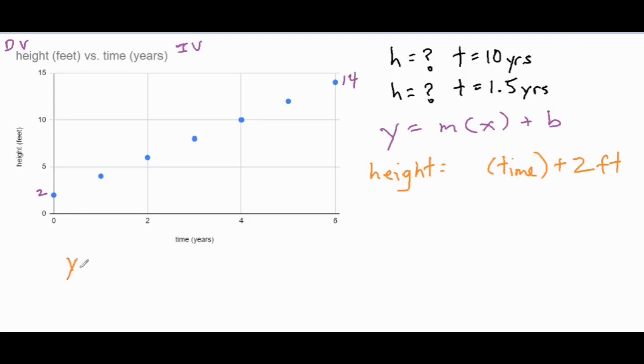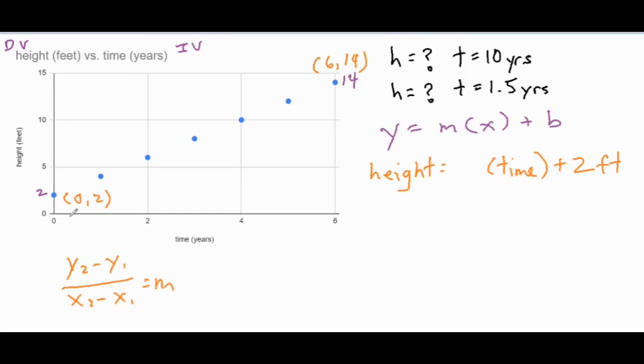So we're basically going to do y2 minus y1 over x2 minus x1 to find our slope. Our initial value over here is at a coordinate of (0, 2), and this one over here is at a coordinate of (6, 14).